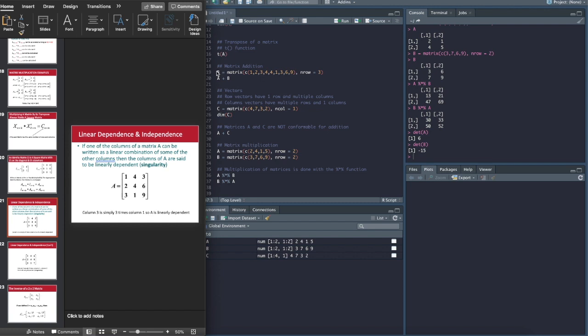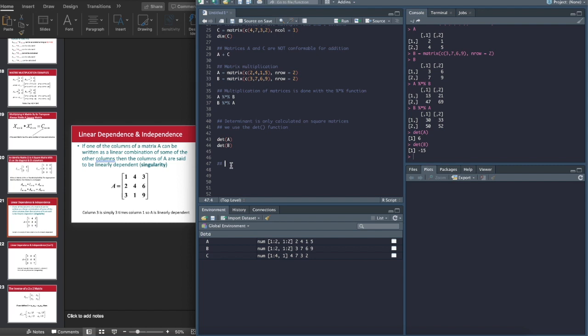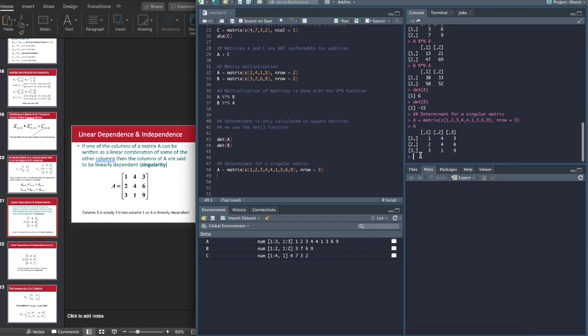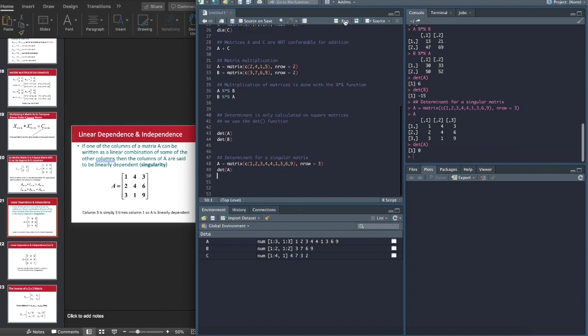So let's take a look at the determinant for a singular matrix, and that is actually this matrix here. Let's call it A, so that we have the exact same sample. We said that column number 3 is calculated by multiplying 3 times the first column, so we know there is a singularity. So if we want to get the determinant of that matrix, it's got to be 0.